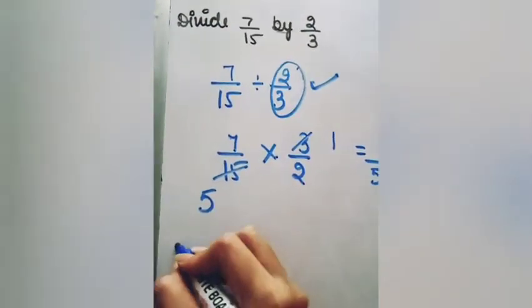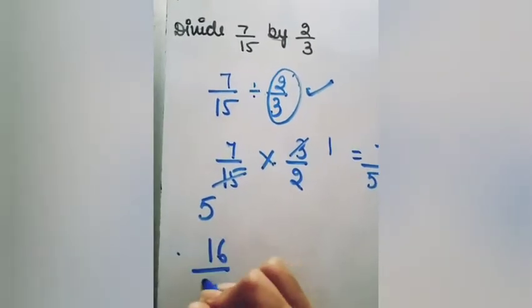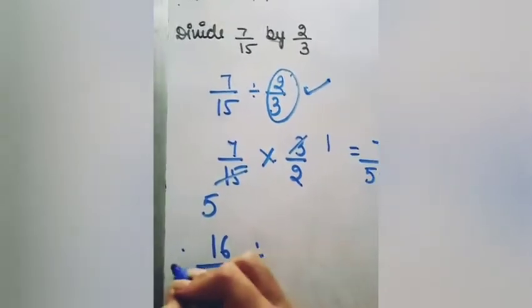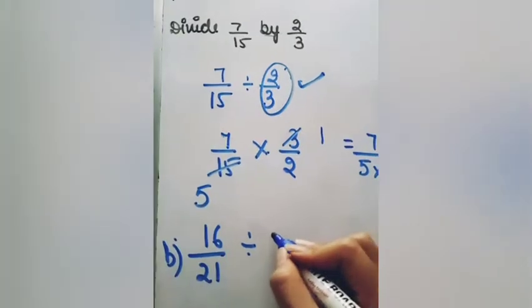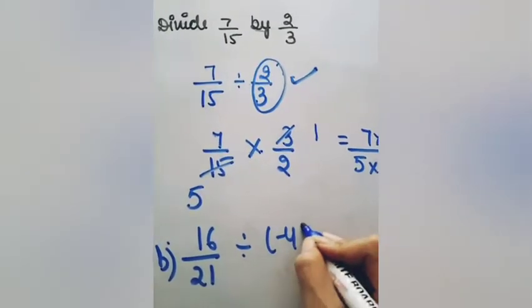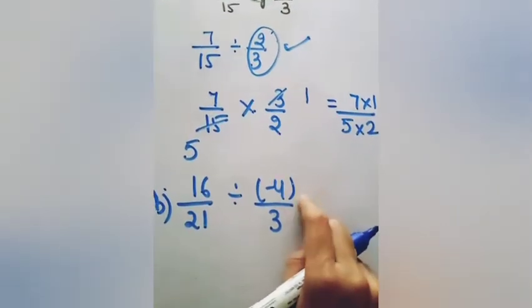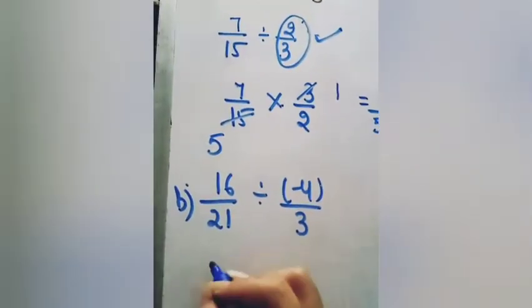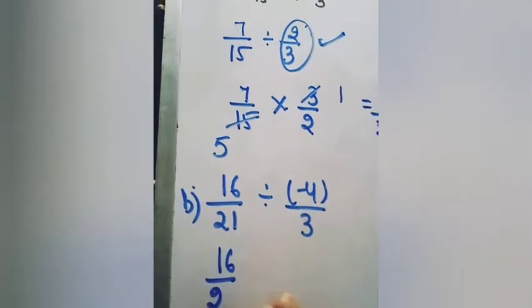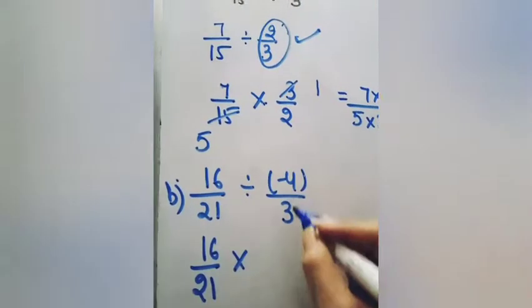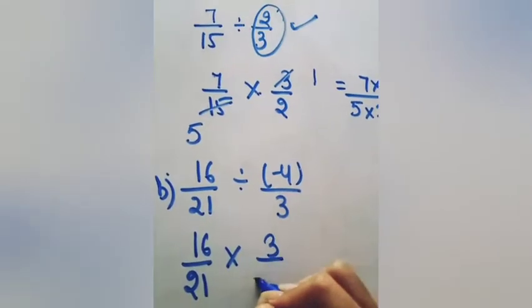See another question. We have to divide 16 upon 21 by minus 4 upon 3. Now here we have this minus sign. First we put the product sign and do the reciprocal of the number.